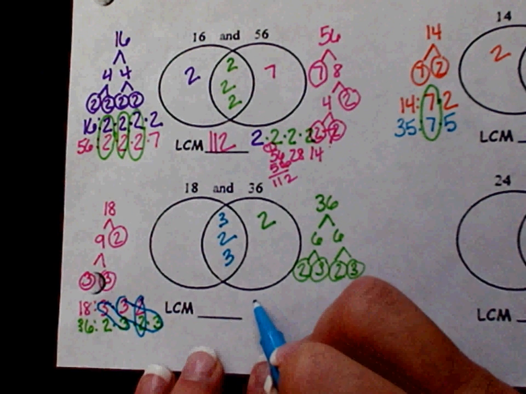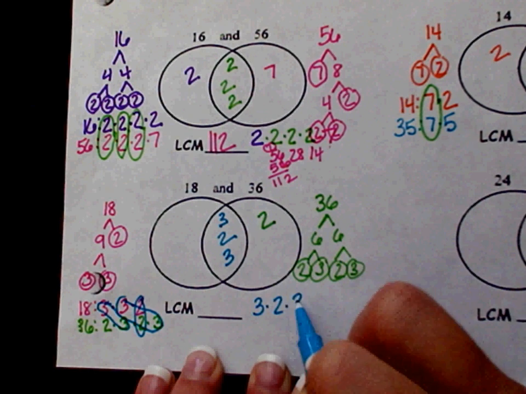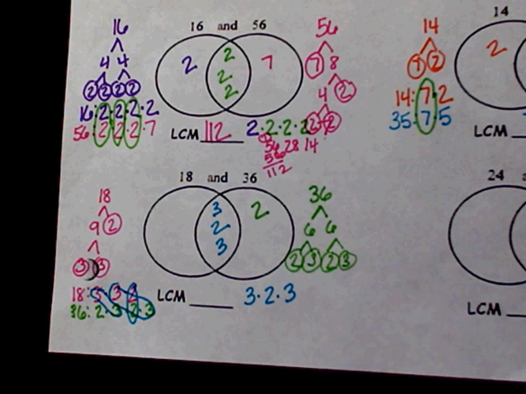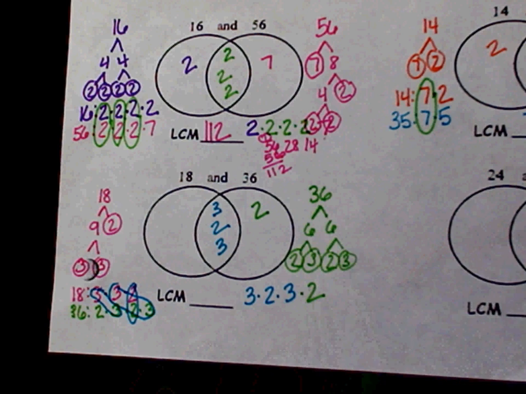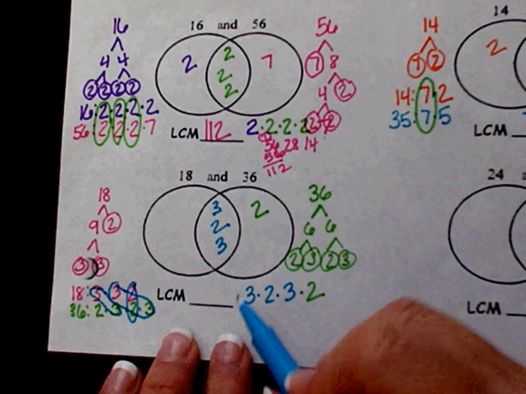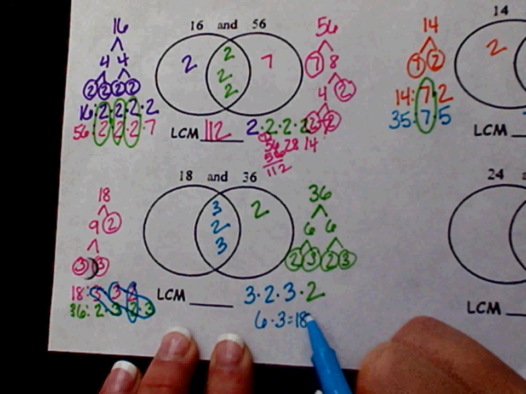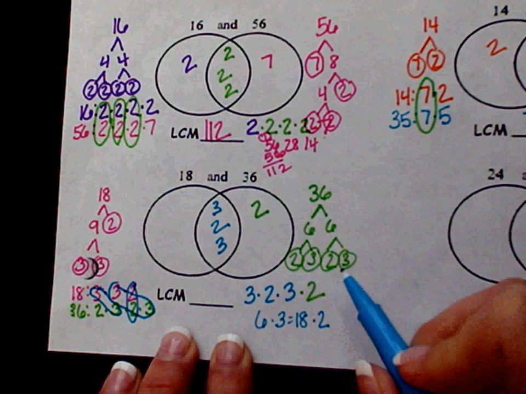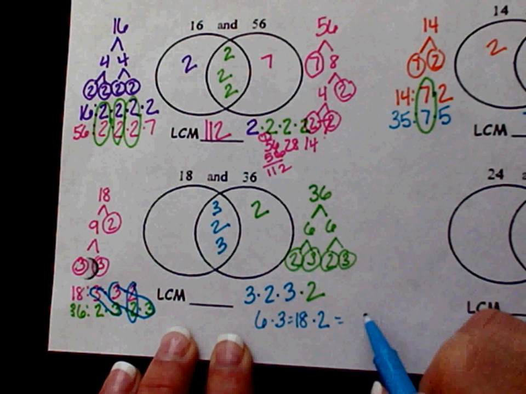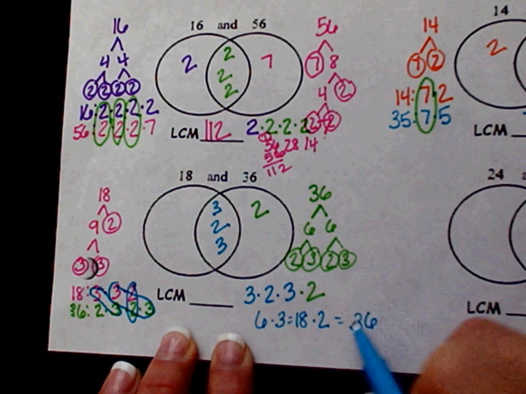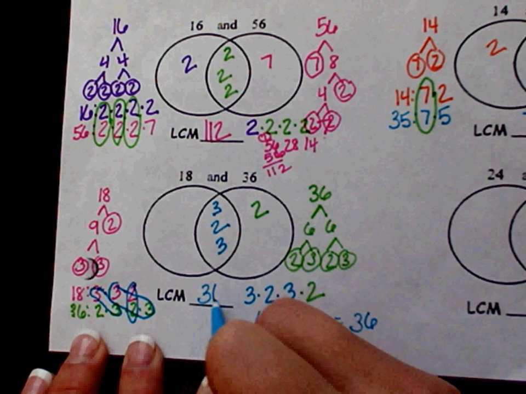So we're going to multiply 3 times 2 times 3 times 2. 3 times 2 is 6, times 3 is 18. 18 times 2. Your LCM is 36.